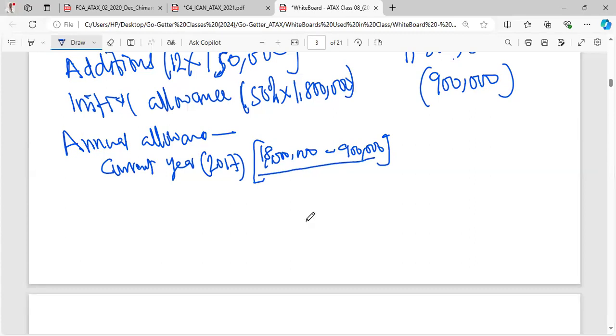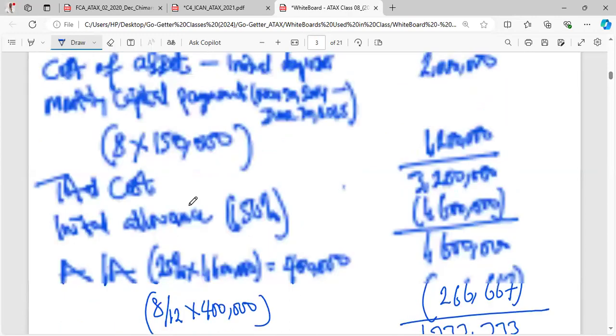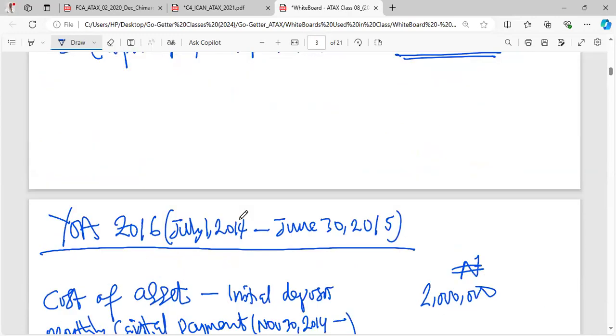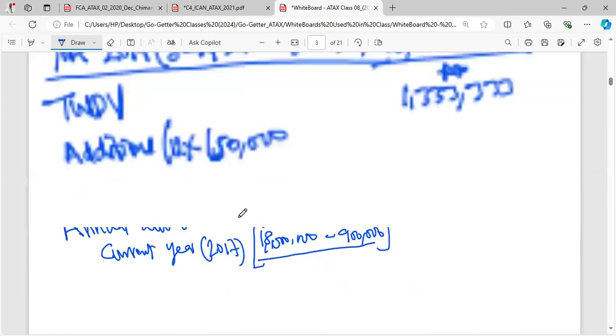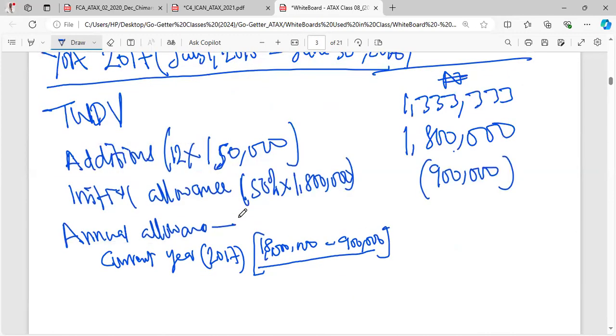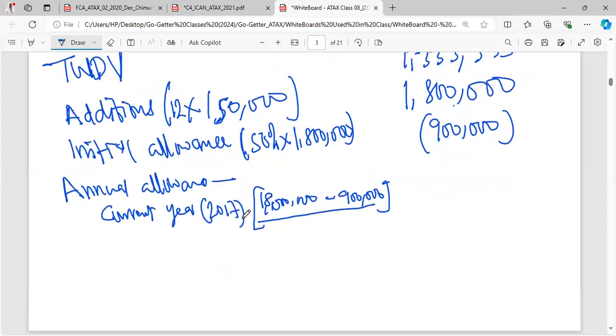Remember, in 2016, we had 4 years remaining. Now in 2017, it's still that same vehicle. You didn't buy new ones. It's just that you made new additional capital payments. But you are still using that asset. So the asset has reduced 1 year of lifespan. So now it's going to be 3 years remaining.